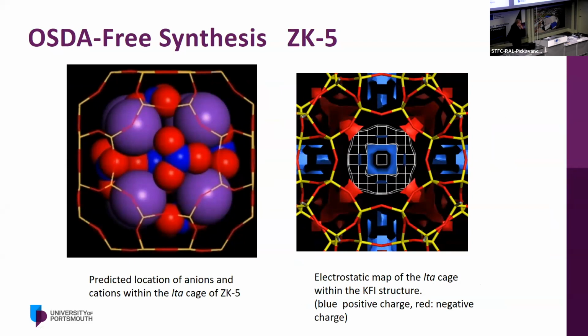If you plot out the electrostatic map of the LTA cage, you can match it almost perfectly. The cations correspond to the red regions highlighted in that electrostatic map. The negatively charged ions are in the locations predicted by the blue that you can see there.